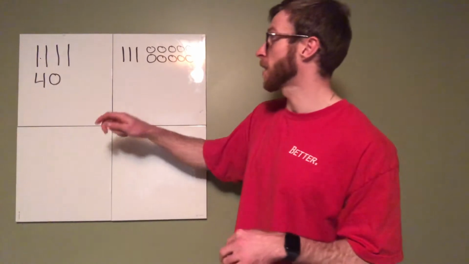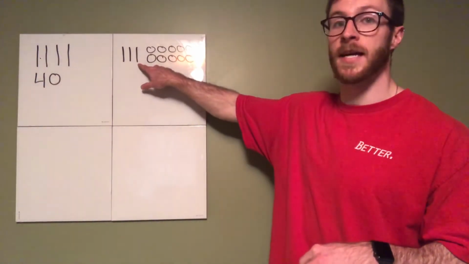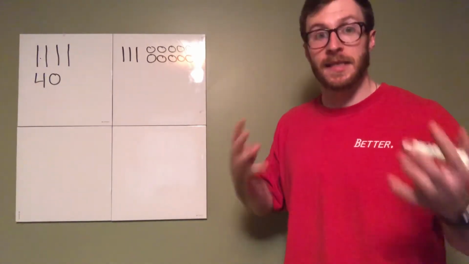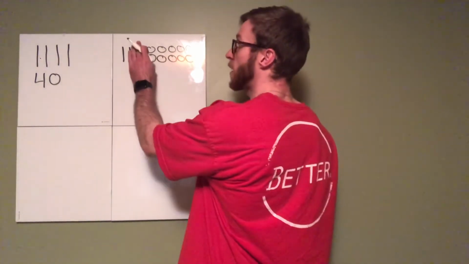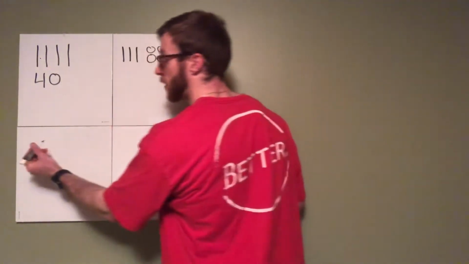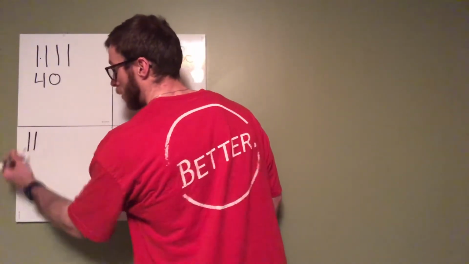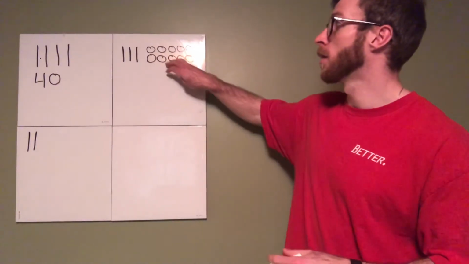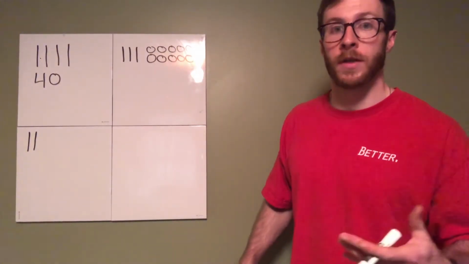So I'm going to take yet another one of these 10s from up here, and I'm going to break it apart into its 10 separate pieces. So if I take away one of those 10s, I'll only have 2 10s. So now I have 2 more 10s that I need to show in the loose ones form.